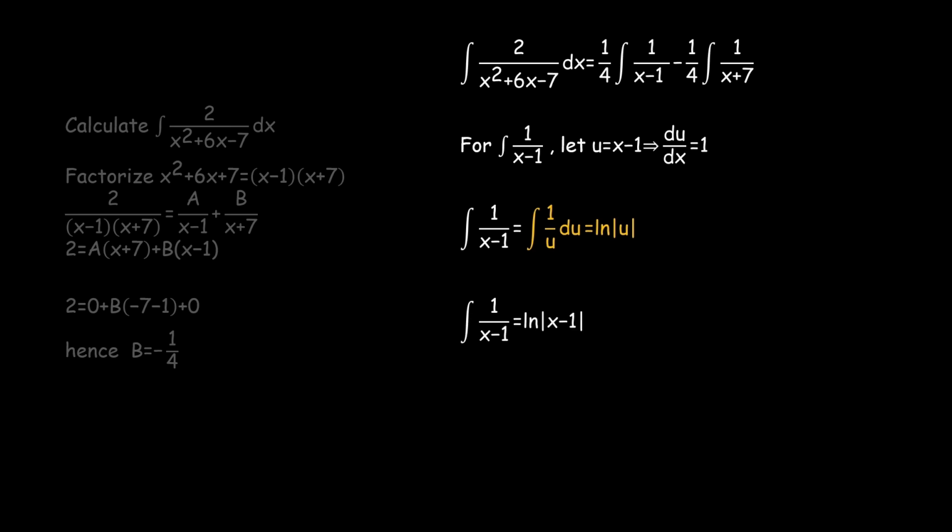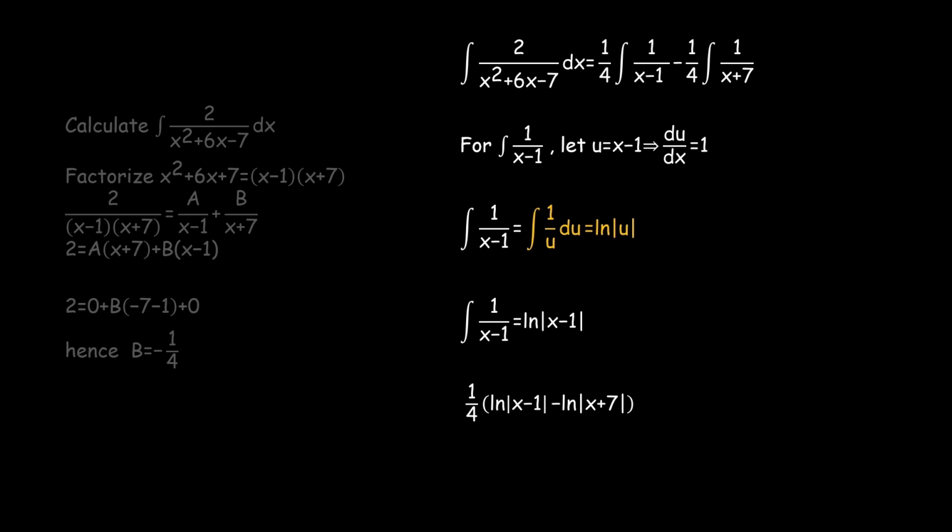And then for 1 over x plus 7, keep in mind we're going to have the same thing. So this will just be natural log of x plus 7. So our final answer would be 1/4 (natural log of x minus 1 minus natural log of x plus 7). Keep in mind that absolute value is important.